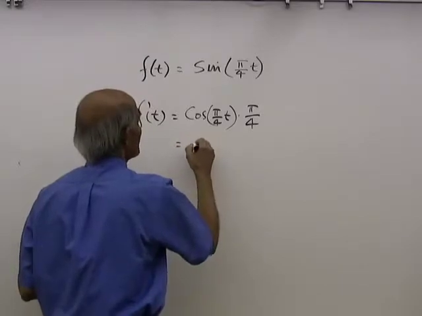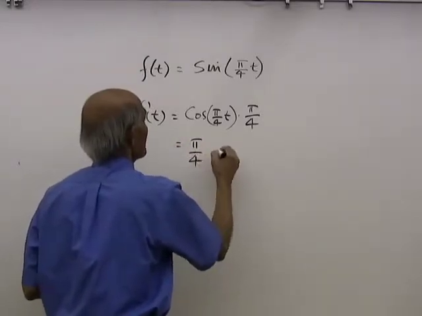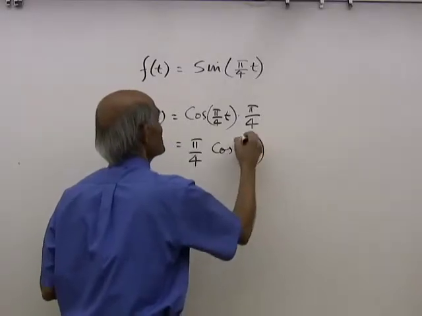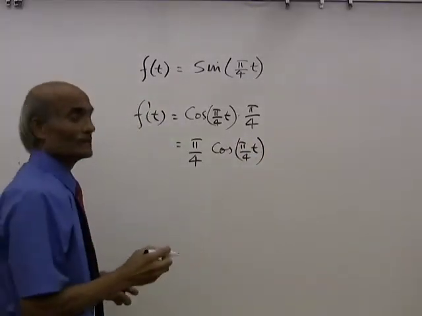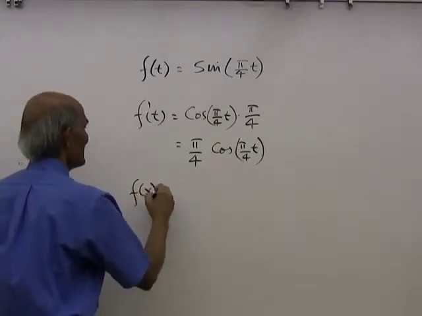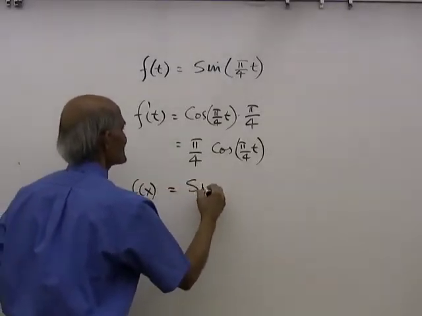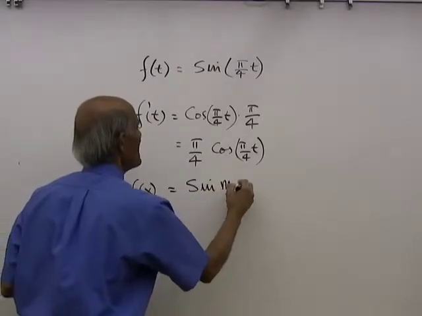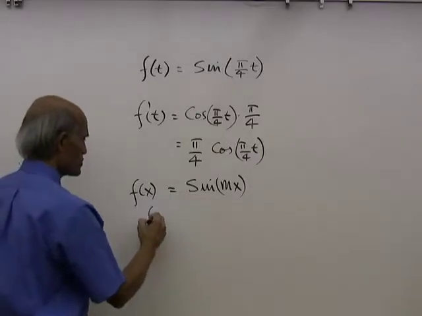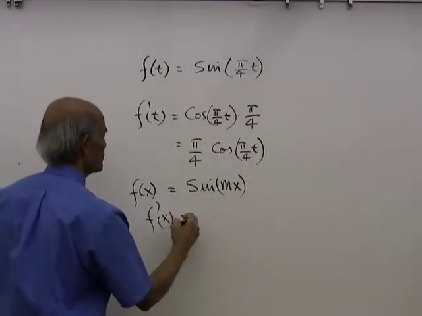The answer, therefore, is pi by 4 cos of pi by 4 t. Alright, quickly tell me, if f of x equal to sine of mx, what is f prime of x equal to?